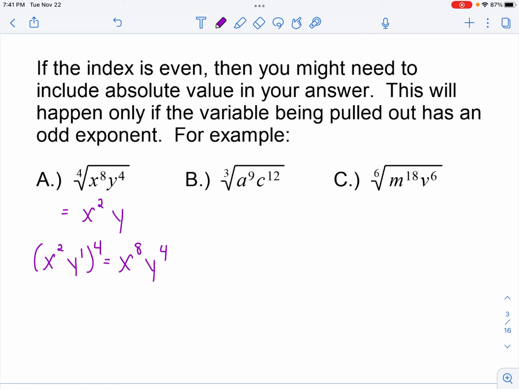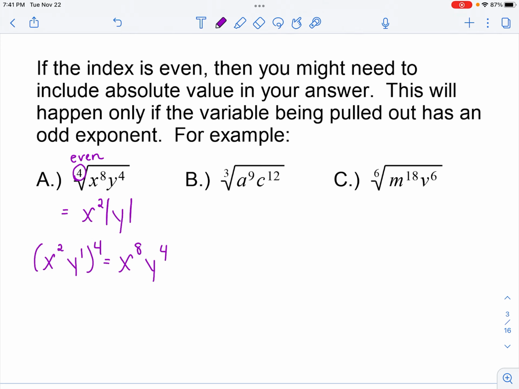But if I read the blurb at the top again, it says if the index is even, remember this number is the index, which is even in this case, then you might need absolute value in your answer. We're only going to need it around something that has an odd exponent result. So I need absolute value around the y, because there was an odd exponent on that y.